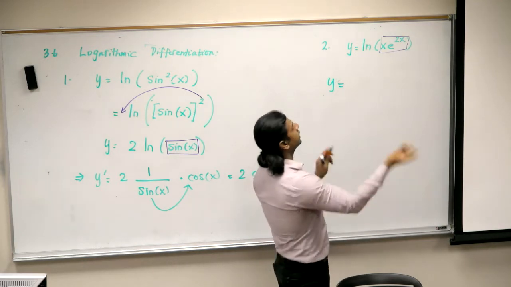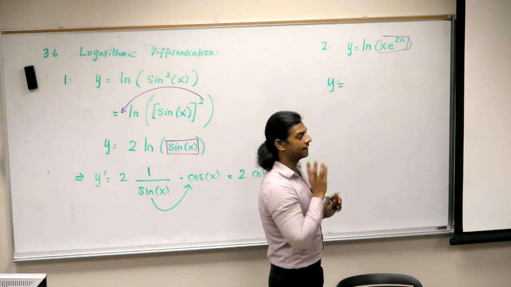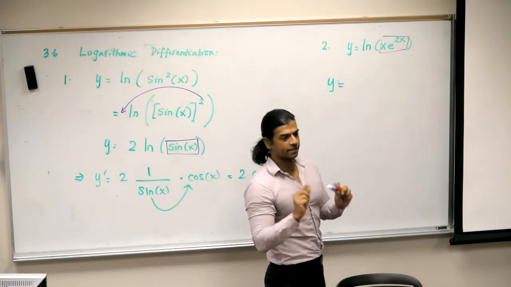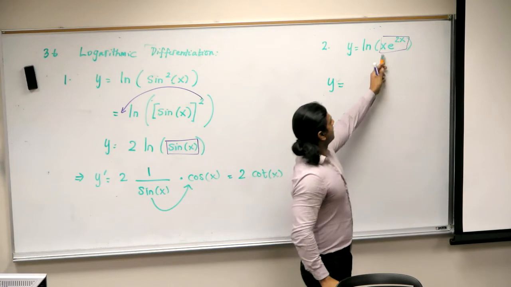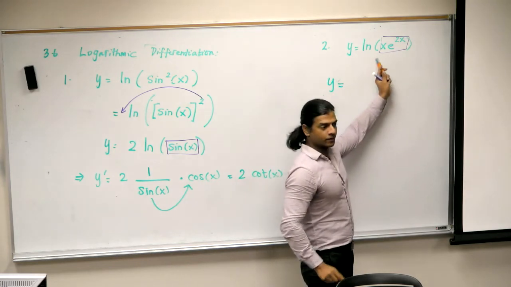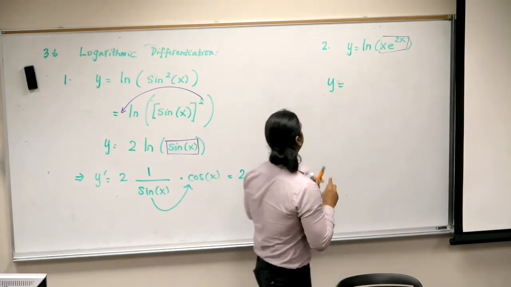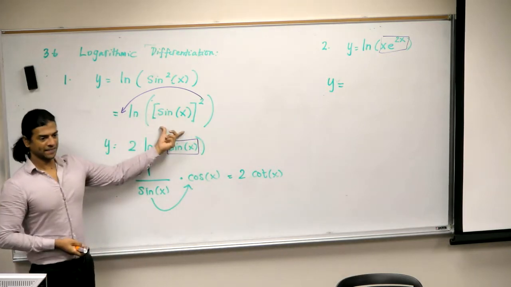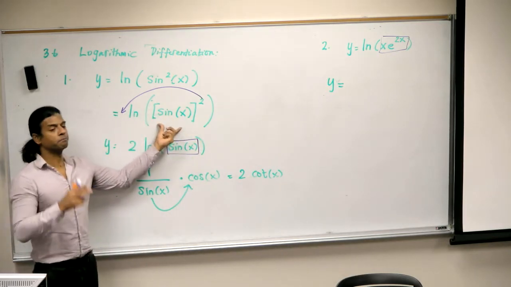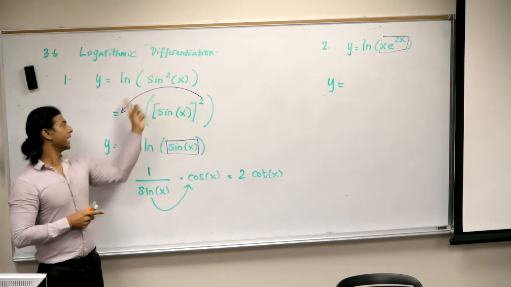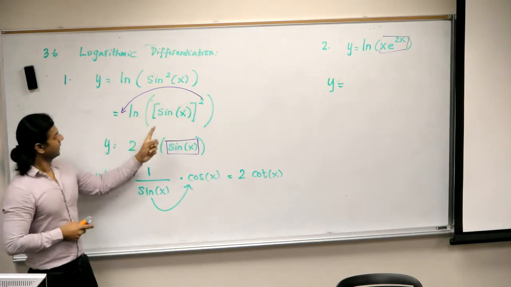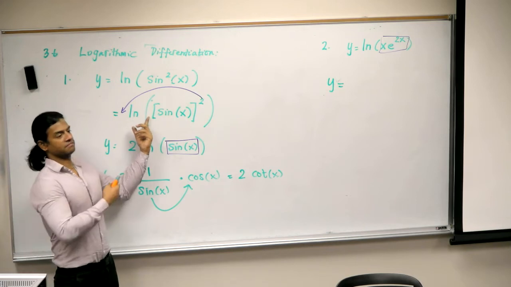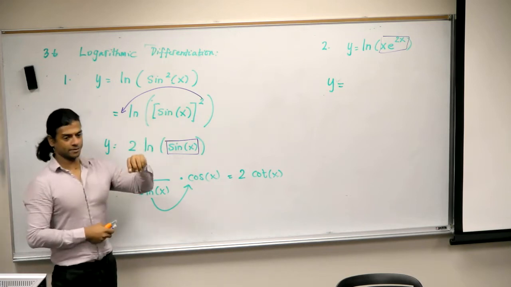You can pull the power out if there is only a single term inside the logarithm. There are 2 terms in here, so you cannot pull that e raised x out. In the previous example, sine x was by itself, so I was able to pull the 2 out. If there was, say, an e raised x here, I cannot do that.